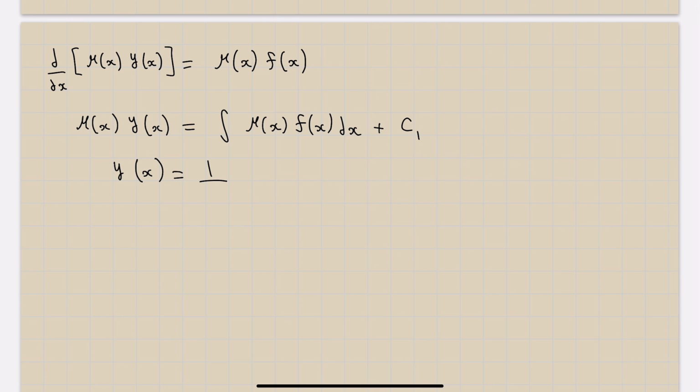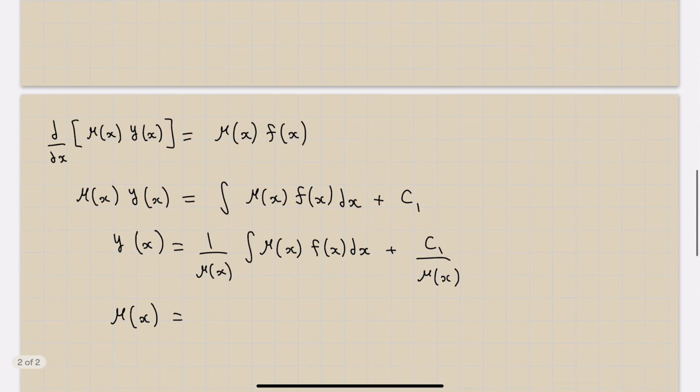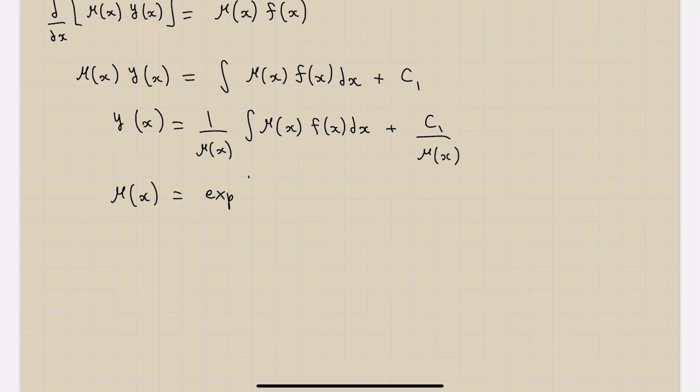y(x) is equal to 1 over mu(x) times the integral of mu(x) f(x) dx, plus c1 over mu(x), where our mu(x) was, as before, the exponential of the integral of p(x) dx plus c. As I said, c is free to fix, one can fix it in an arbitrary way as you please.